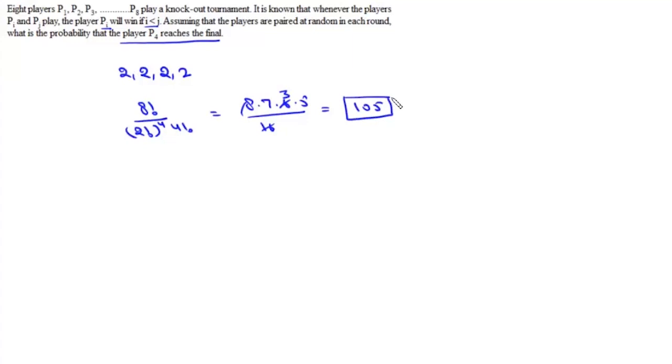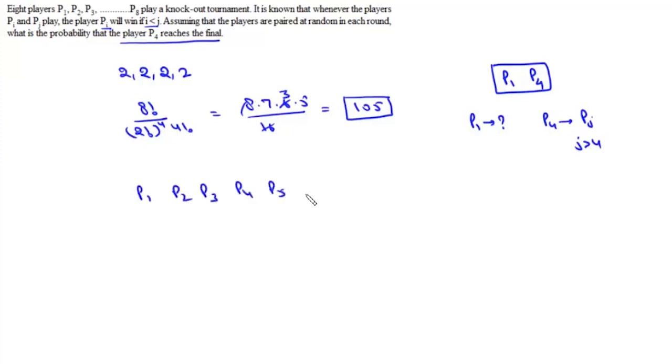Now this P4, he has to reach the final, and in the final we know that P1 is going to be there and we should have P4. Now P1 can be paired against anyone, but for P4 to be in the final, P4 has to be paired with someone greater than 4. So in the first stage, we have P1, P2, P3, P4, P5, P6, P7 and P8.